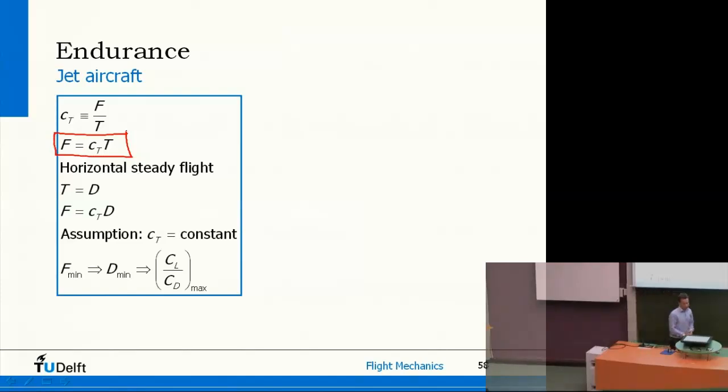Now we know thrust is equal to drag, so fuel flow is some kind of a parameter CT multiplied with drag. If we assume CT is more or less constant for a given engine, then we can say, okay, to have minimum fuel flow, we need minimum aerodynamic drag and we need this maximum lift over drag ratio.